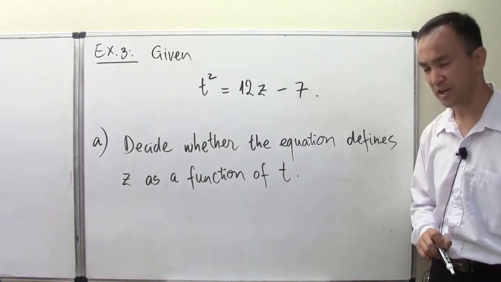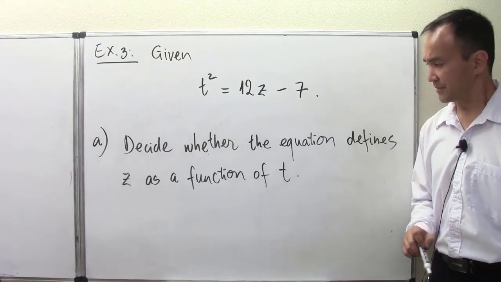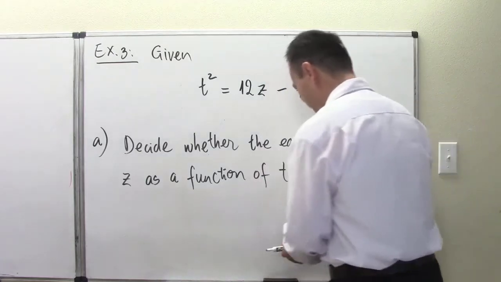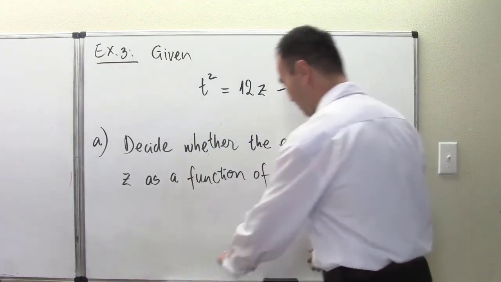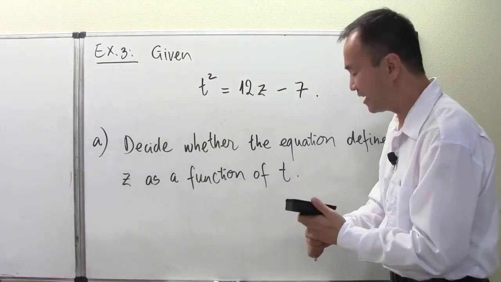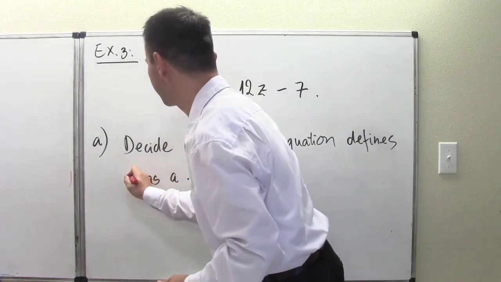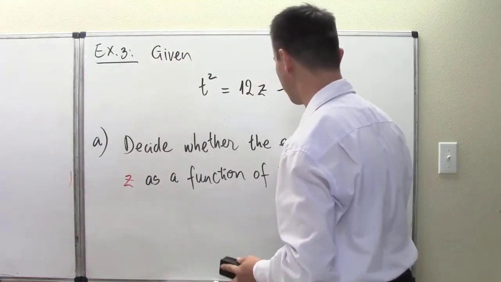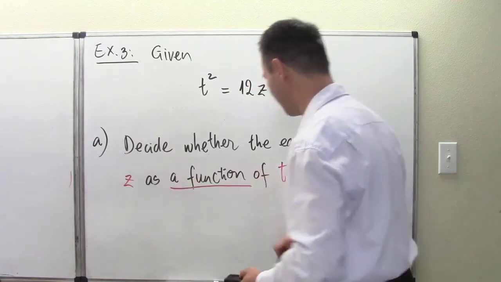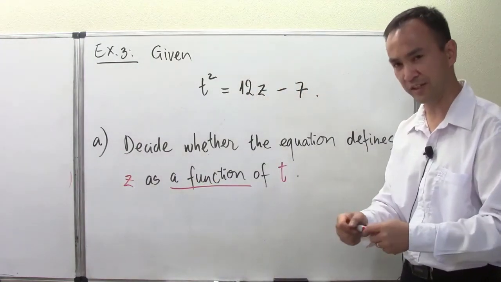There you go, I wrote down the instruction for that. Similar to the earlier examples in this lesson, let's write this in red ink: z as a function of t, and I want that underlined. Very similar to the earlier two examples where we had tables.